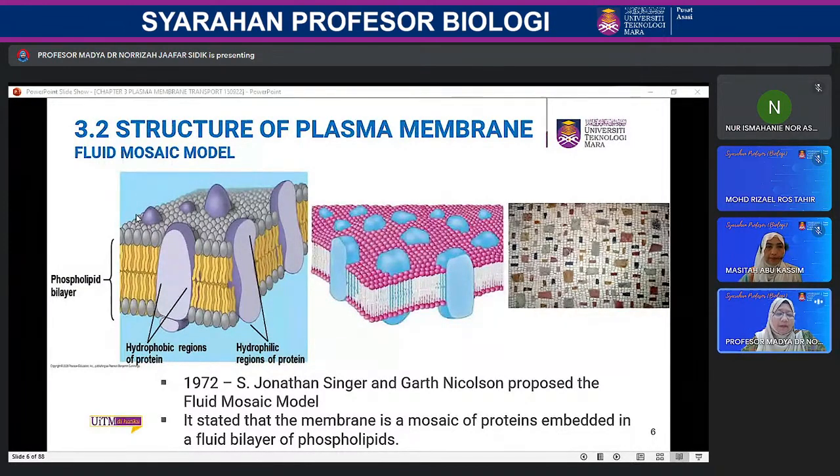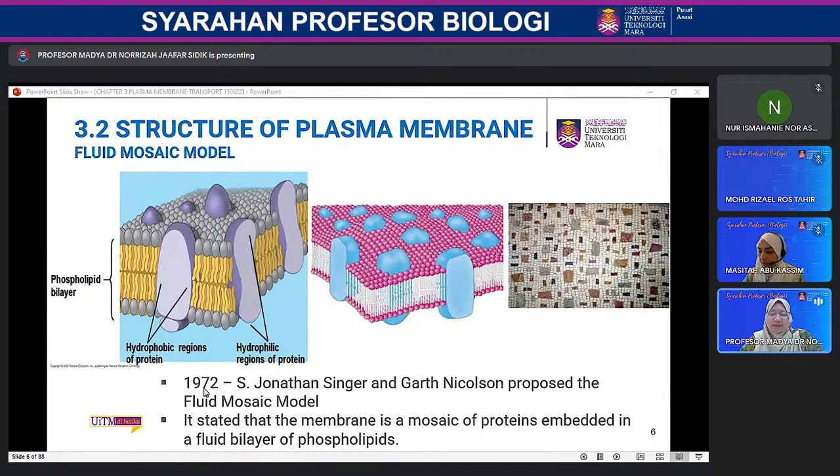The fluid mosaic model, as you can see here, is the widely accepted model. It is the currently accepted model for the structure of the plasma membrane. It was first proposed by S. Jonathan Singer and Garth Nicholson in 1972.